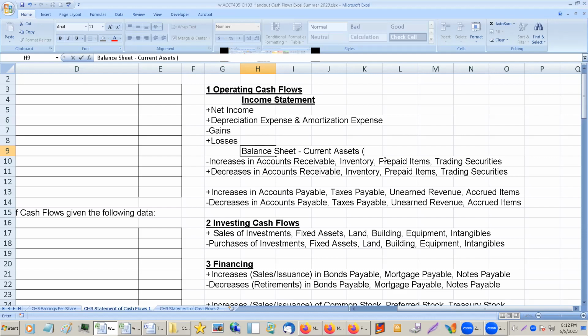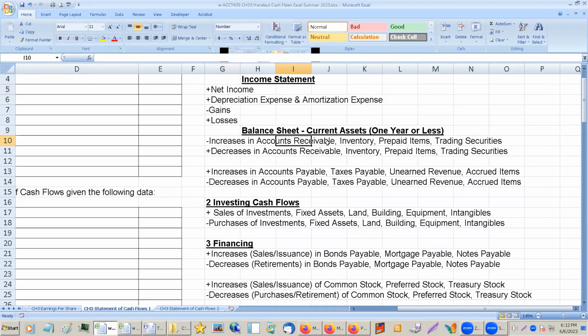Current assets are generally assets of 1 year or less. These are the things you generally see in current assets: accounts receivable, inventory, prepaid items, trading securities. We'll talk about those as we go along.